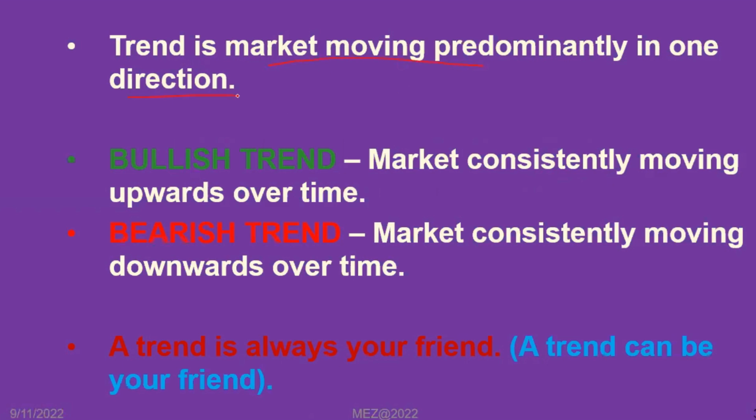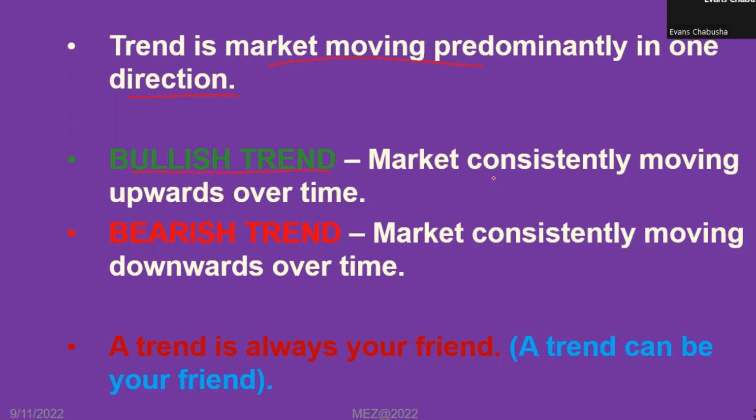Any market that is predominantly moving in one direction, we'll call that market a trending market. Okay, so you will find that in Forex, the market can move up or the market can move down.